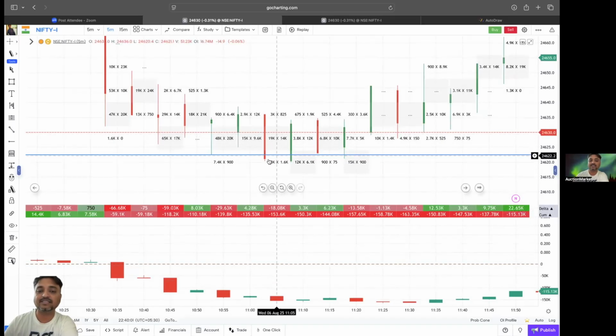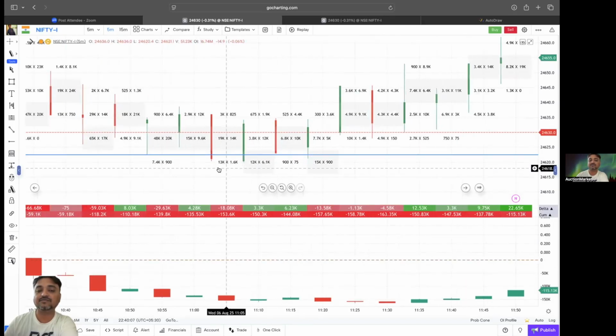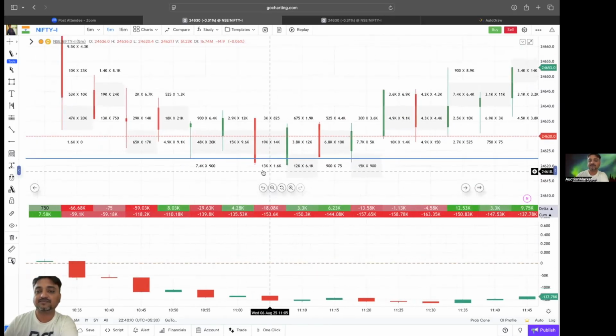But why is the price action not coming down? Because we have limit buyers here. Limit buyers are trying to accumulate the sellers. They're not trying to allow the sellers to push the price down. They're telling them, boss, whatever quantity you want to sell, purchase it from me. I'm going to give you that quantity.